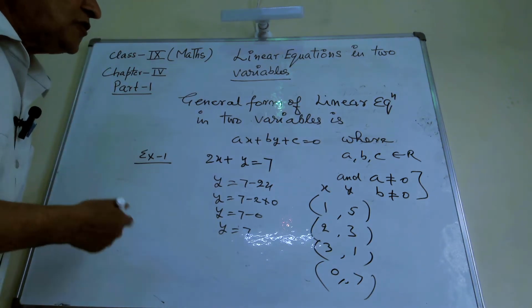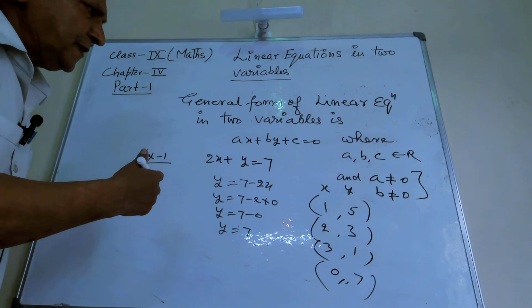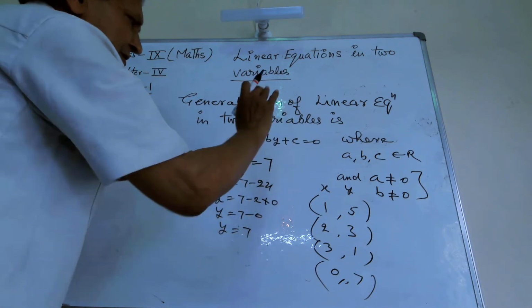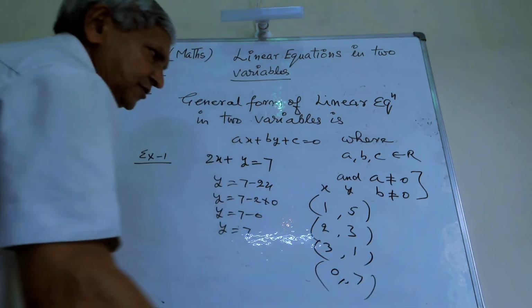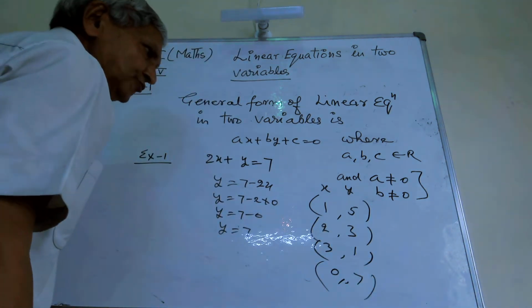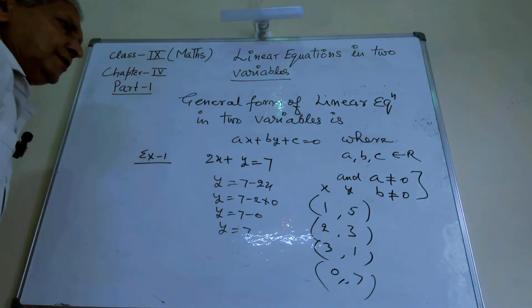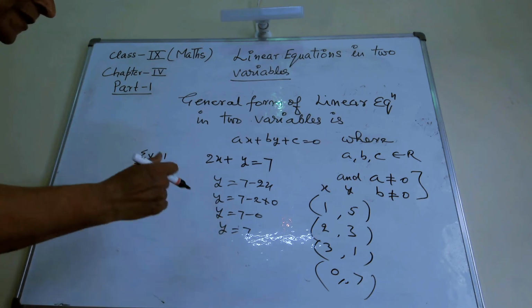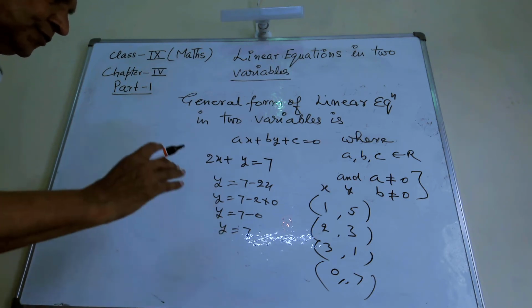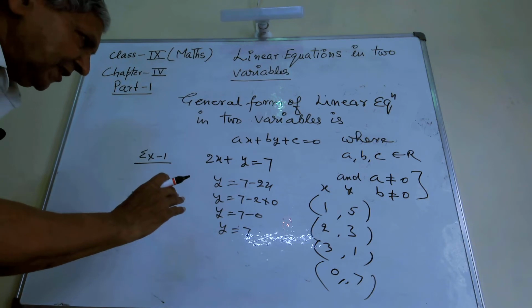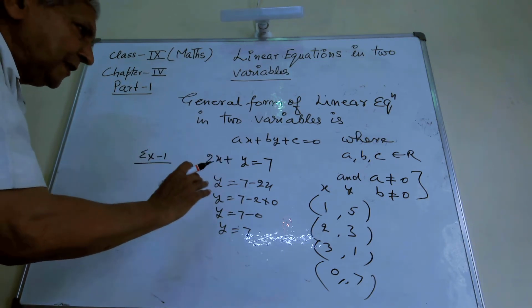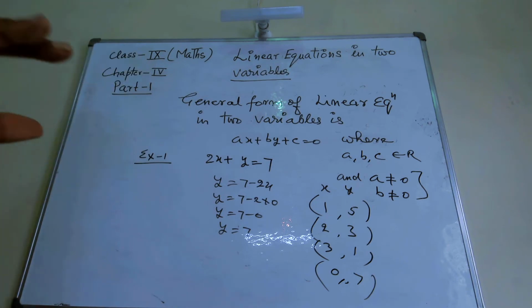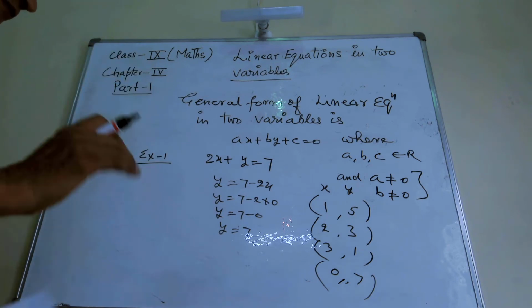So there are so many values of this linear equation. You can find so many pairs of these values. So by this example, you have seen that the values of a linear equation in two variables are infinite. There is no end of the values.